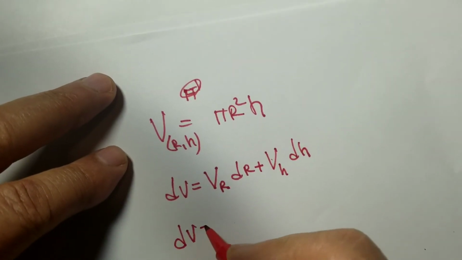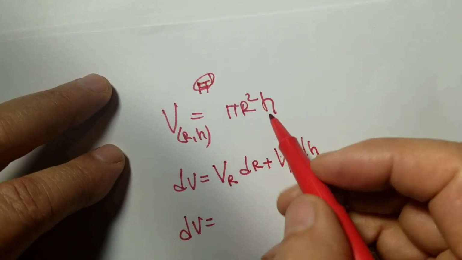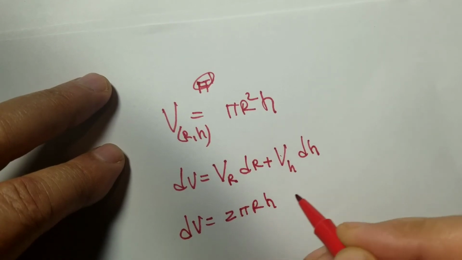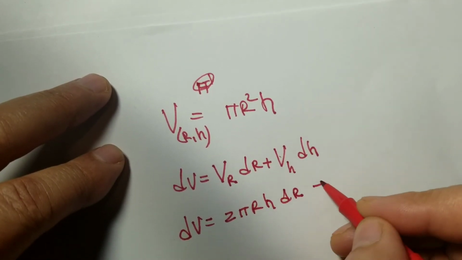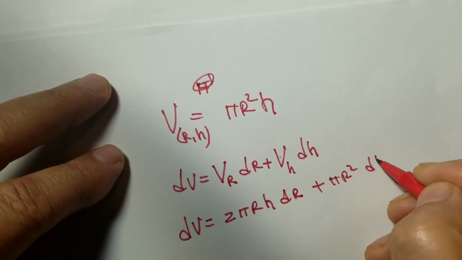Then what is the total change in the volume when r changes and h changes? You do it with respect to r, it is 2 pi r h times dr. What is it with respect to h? Pi r squared dh.